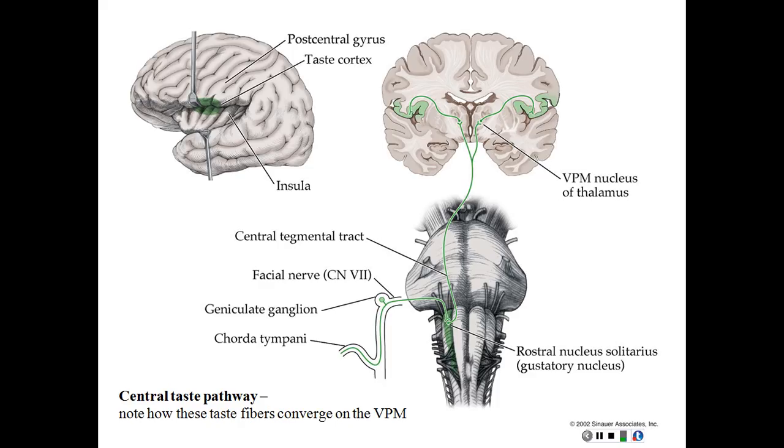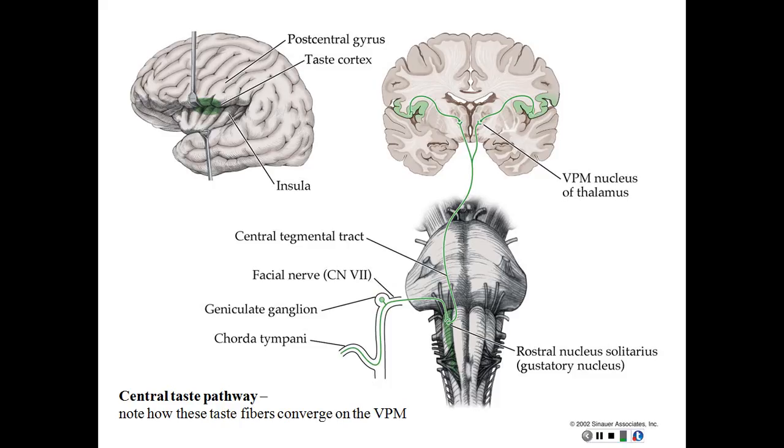But look what these neurons do. They project bilaterally onto the VPM. And of course, this is only of interest because I'm never going to ask you about taste, and patients aren't going to complain to you too much about taste. But it's just interesting how, once you've worked out a system for processing sensory information, three neurons, first one's ganglionic, next one's in the central nervous system, funnel the information to the thalamus, and then project onto the cortex for your awareness.